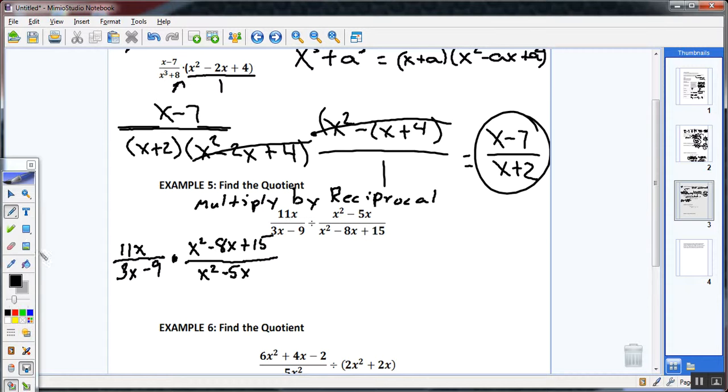All right, let's chat. From here, 11x. Can you simplify 11x up there? How about the 3 times x minus 9? Anything you can factor there? What could I take out of 3x and 9? So this would be 3 times what, kids?